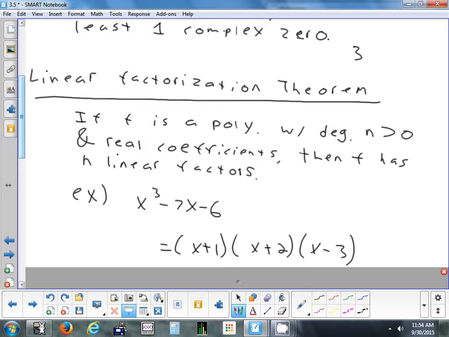Okay, so what would be your first step here to try to factor that? Yeah? I feel like I remember it's the one where you take all the factors of the first and last coefficient. Yeah, I think that's a great idea. See if there's a rational root here.